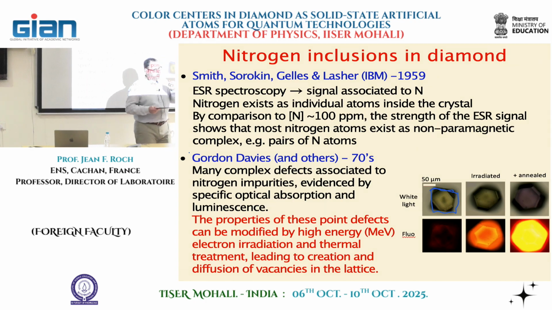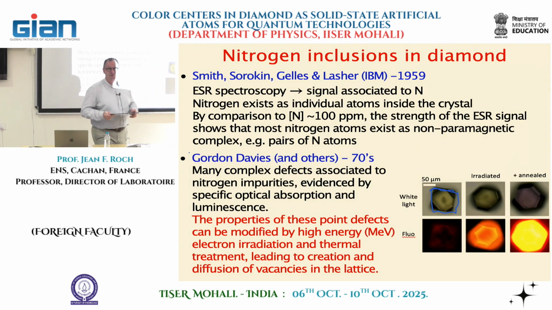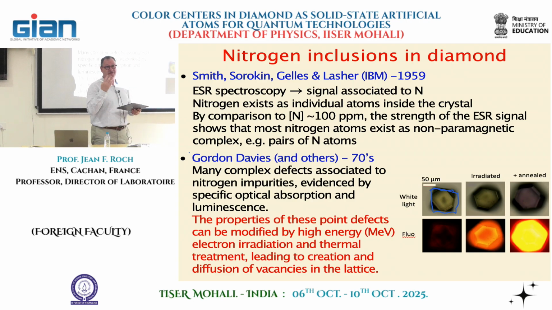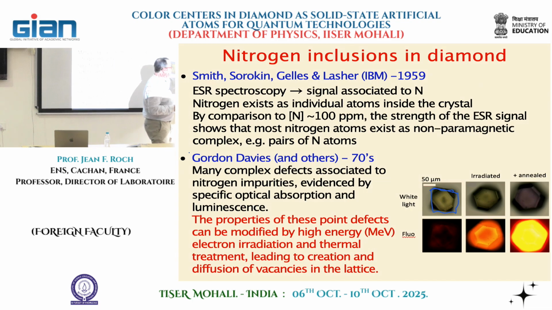The crystals appear with a very nice pink color that you can see by eye. And now, if you put green laser light on top of it, you see a very bright red luminescence coming from it. And actually, what you have done here is the creation step of nitrogen vacancy centers.